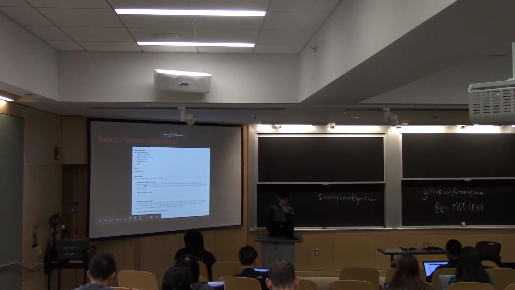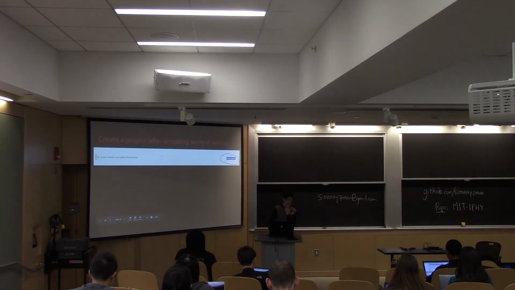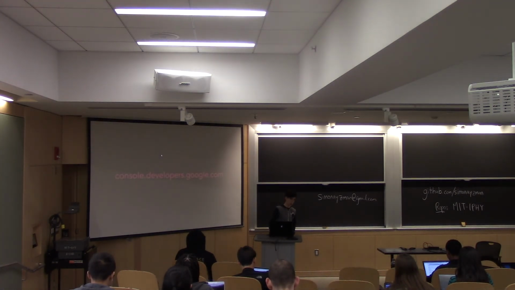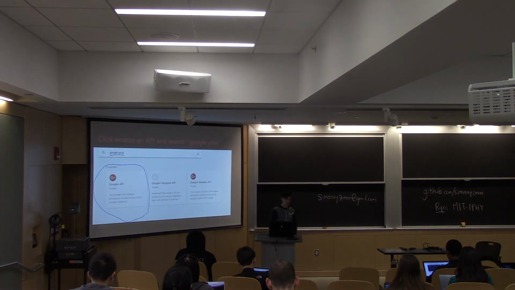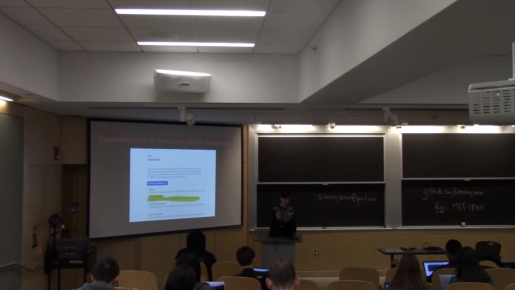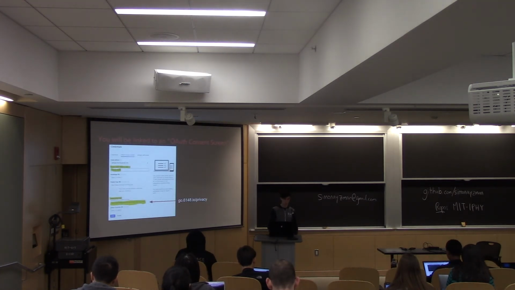This is basically just a quick run through again in case people are catching up. You want to go to console.developers.google.com. You need to create a project. It will give you an option to enable an API. You're going to want to enable the Google Plus API. You're going to go to the Credentials tab, create OAuth credentials. You will be linked to an OAuth consent screen.